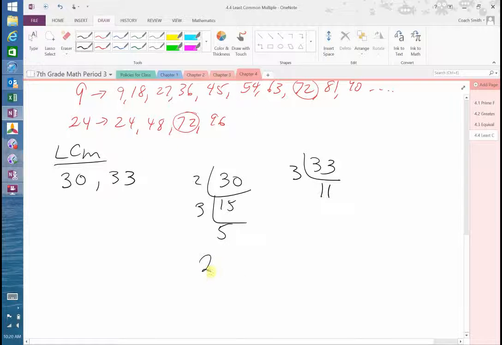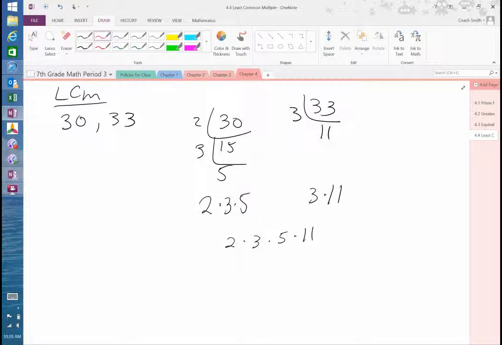So the prime factorization is 2 times 3 times 5 and 3 times 11. So that's step 1. Step 2 says to list all prime factors that were used in the prime factorizations. So what prime factors were used? 2, 3, 5, and 11.